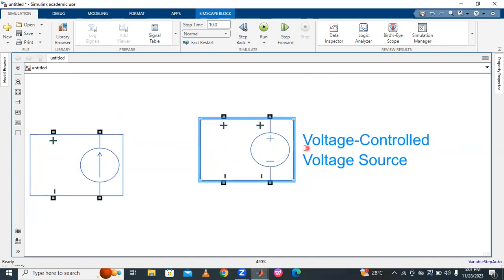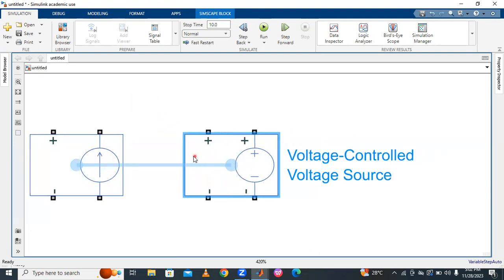Here the circle represents a voltage source, and it is depending on voltage. That's why the plus minus indication is the voltage depending parameter, and the circle is called the source. That is the voltage controlled voltage source.